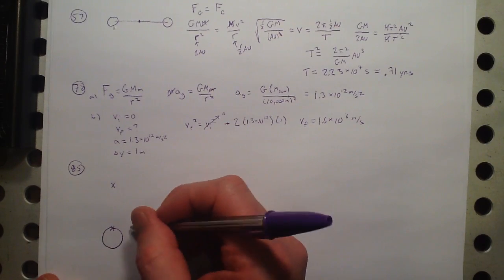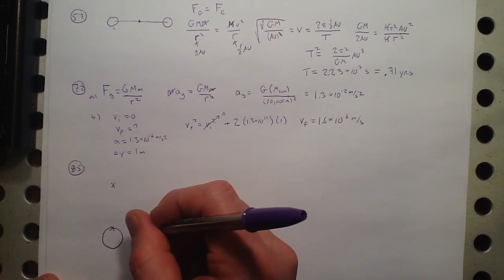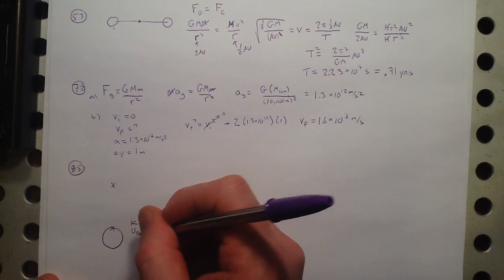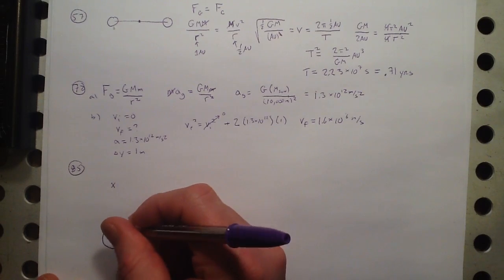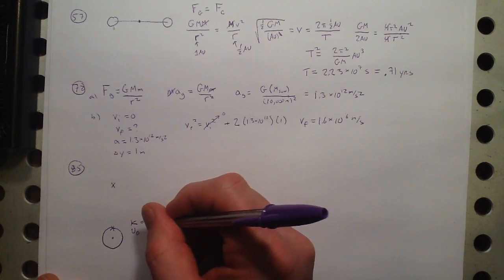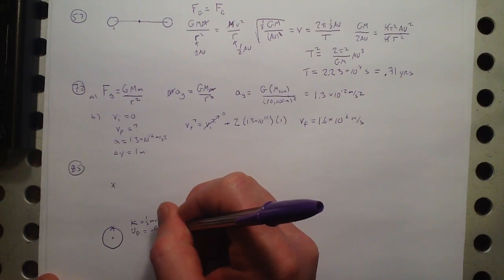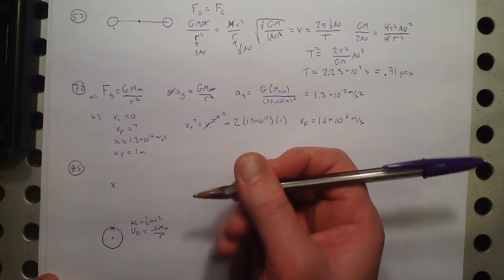At the surface, it's got kinetic energy, and universal gravitational potential, because it's an Earth radius from the center. That's 1/2 m v squared and negative G M m over r.